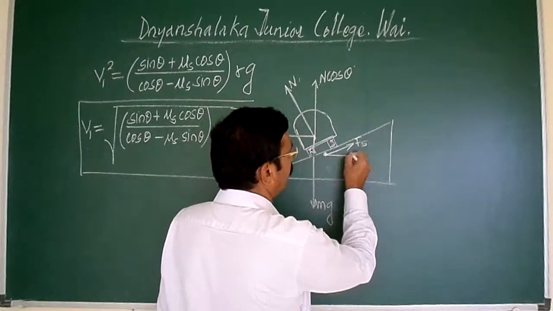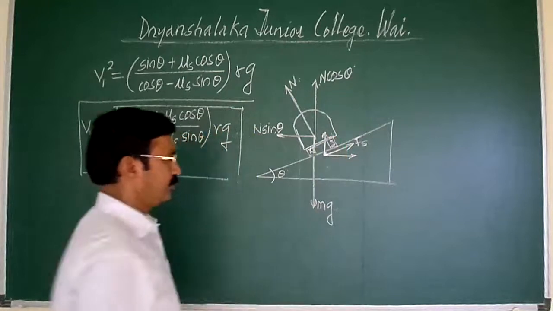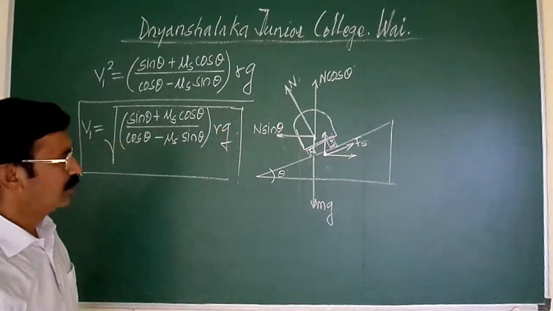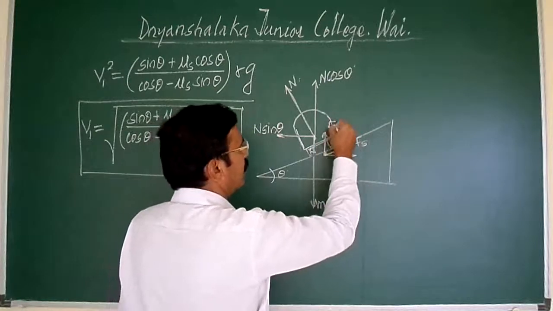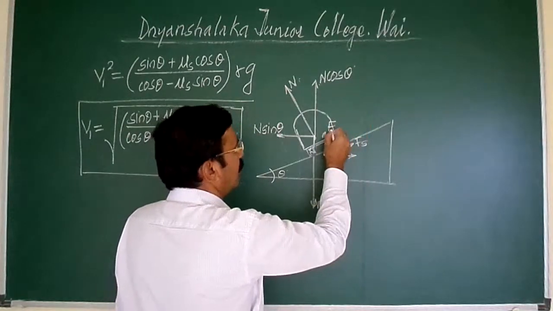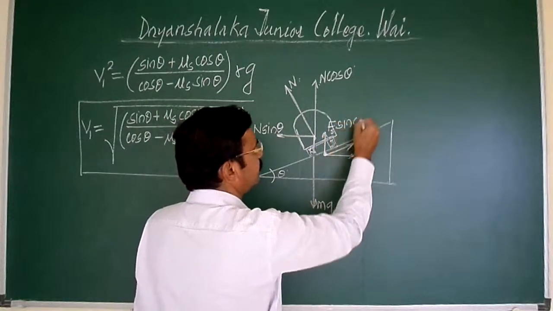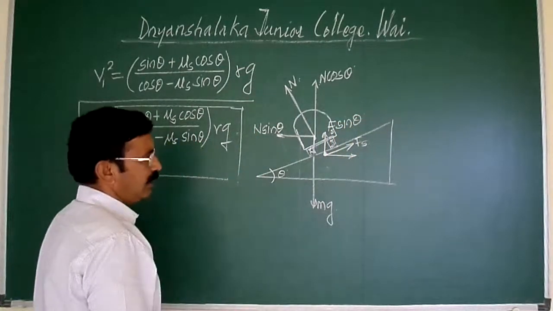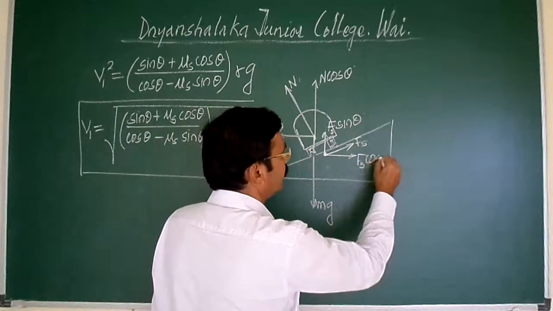This will be the horizontal component and this will be the vertical component. So vertical component will be Fs sin theta and horizontal component will be Fs cos theta.